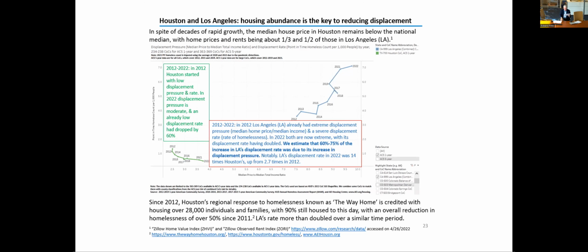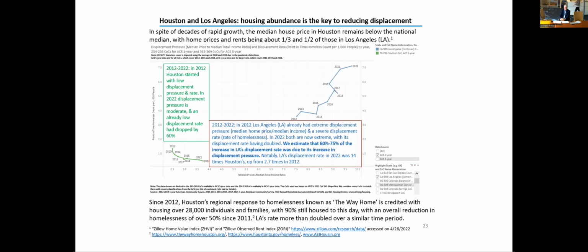LA, on the other hand, back in 2012 was at 7.3, and today it's near 10. And so, whereas Houston has gone up marginally, significantly, but marginally at the low end, LA was already high and has gone up much higher.